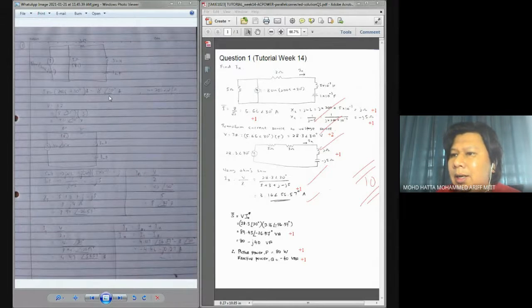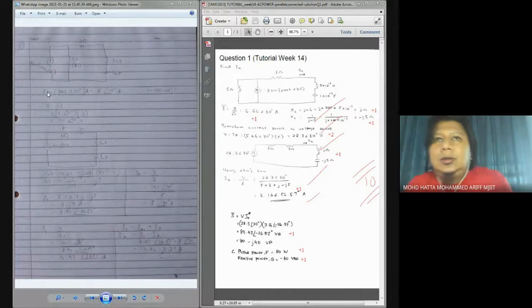So make sure all the calculation in RMS. Don't analyze the circuit in a peak value. Although I think it's not totally wrong, but it is to lessen the possibility of doing wrong in the next calculation, especially in power calculation.